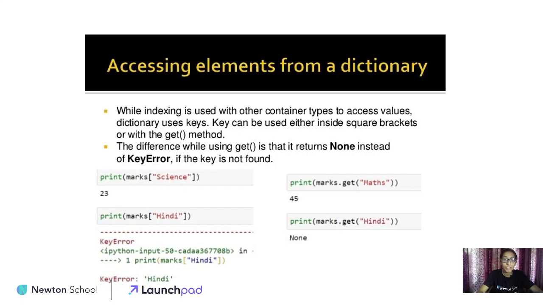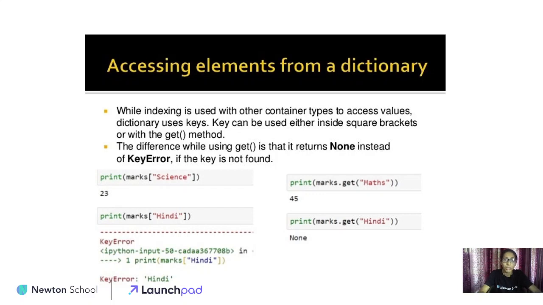The key can be put inside square brackets, or you can use the get method. If we use the wrong approach, we will get an error, which means we are not using it properly.